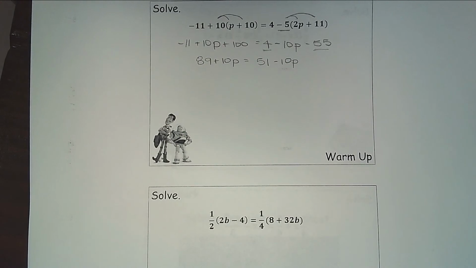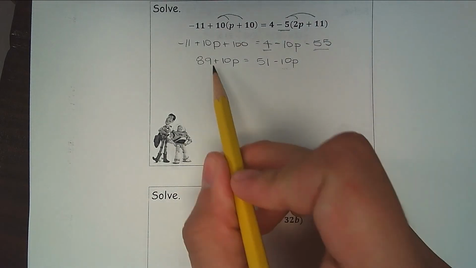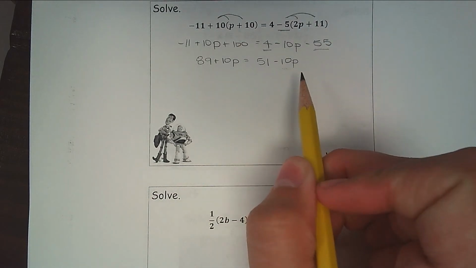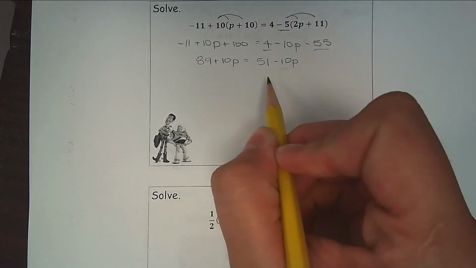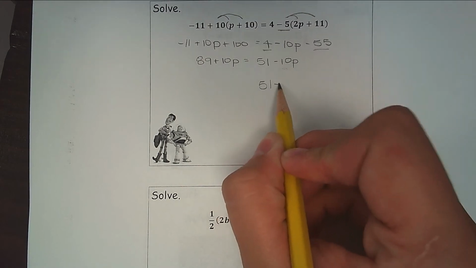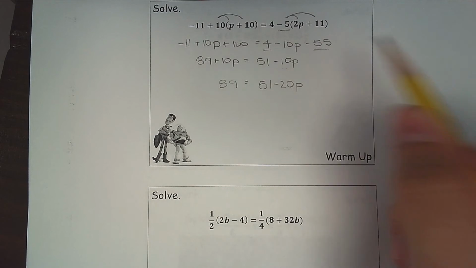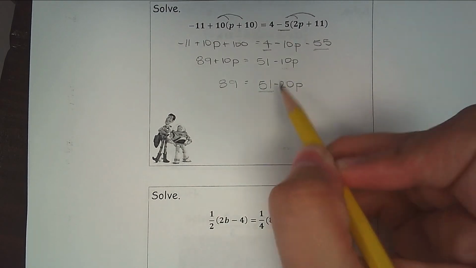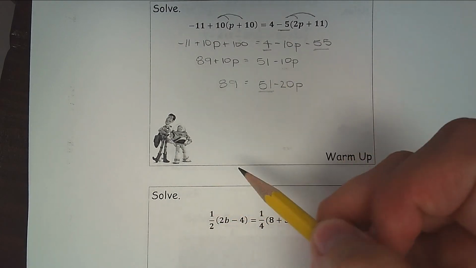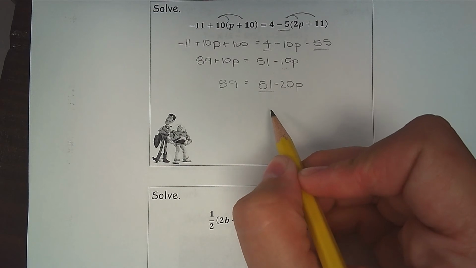Now I need to move my variable to one side. So right now I'm adding 10p, so in order to move it over, I need to do the opposite. So I'm going to subtract 10p from both sides. I need to do the same thing with my constant, move it over to the other side, so I'll do the opposite operation and subtract it.